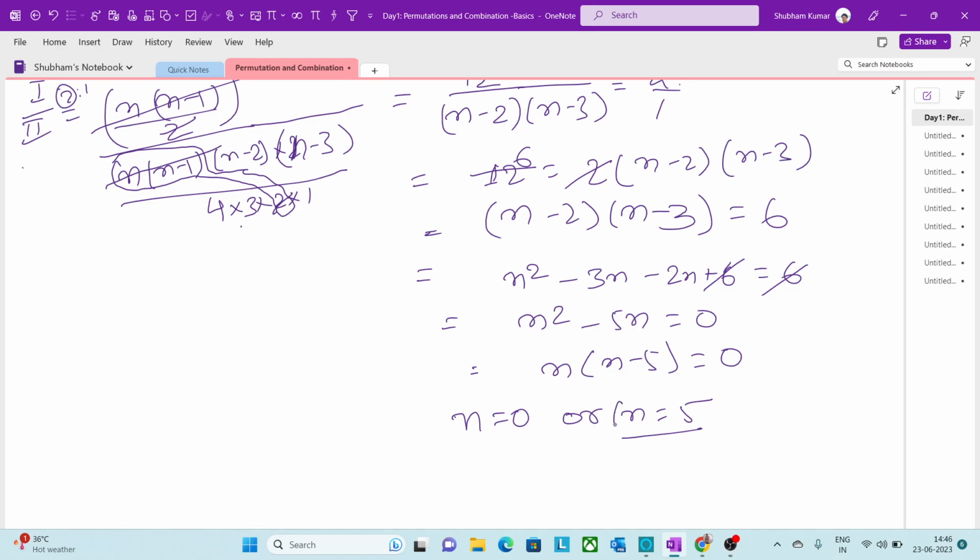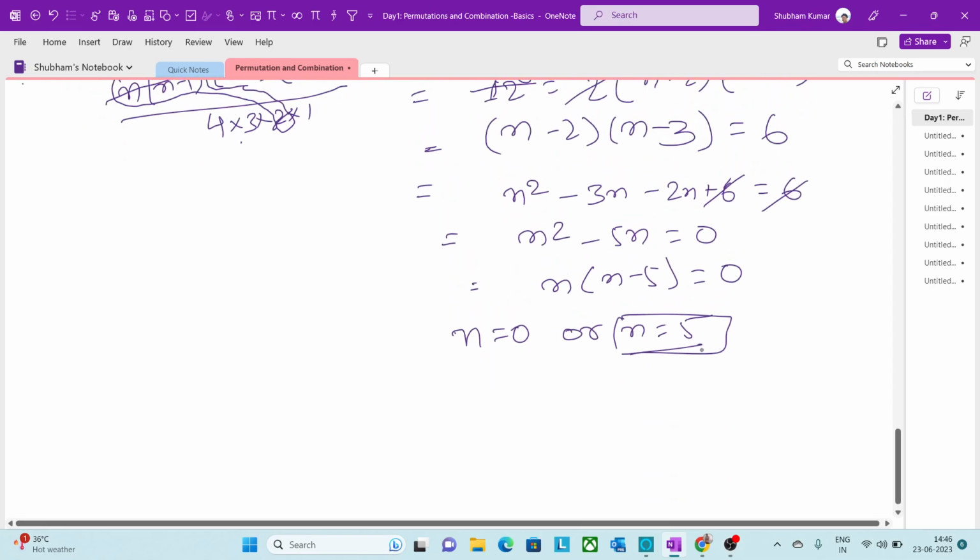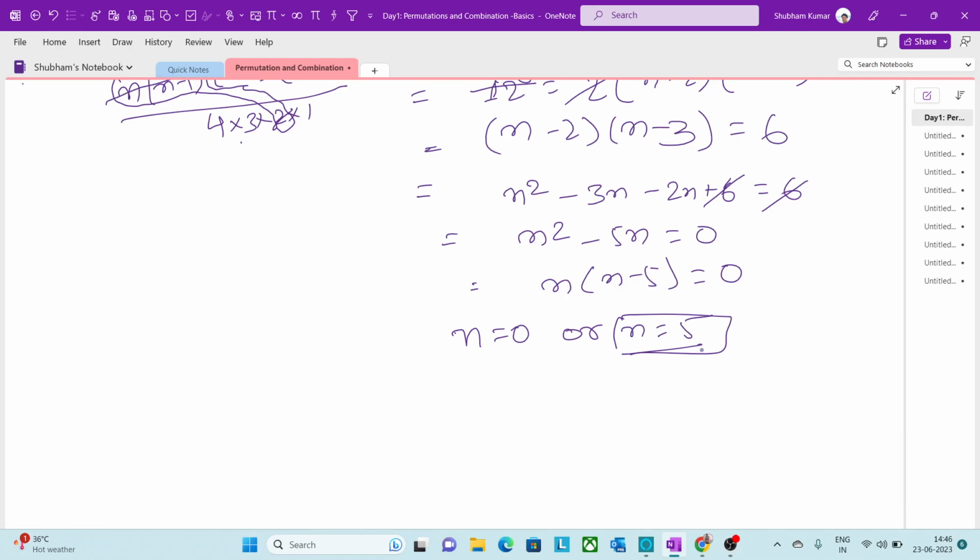Our answer is basically, I hope you understood the problem. Someone is having a doubt saying why n is equal to 0 is not taken. Basically n is equal to 0 is not meaningful in this case, because we are only dealing with countable numbers as such.